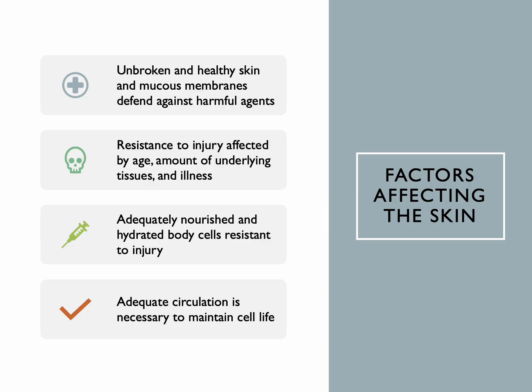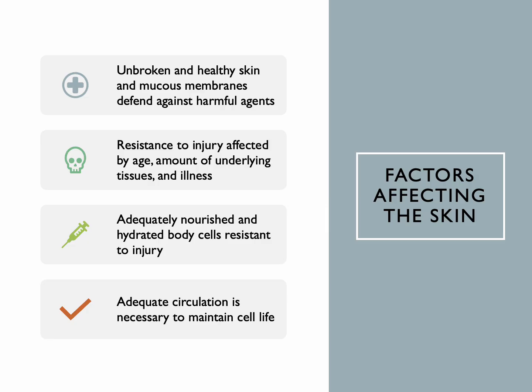If we have peripheral artery disease, our skin can get very shiny and taut, and we can have a lot of trouble healing because of lack of blood flow. Our skin might be pale.